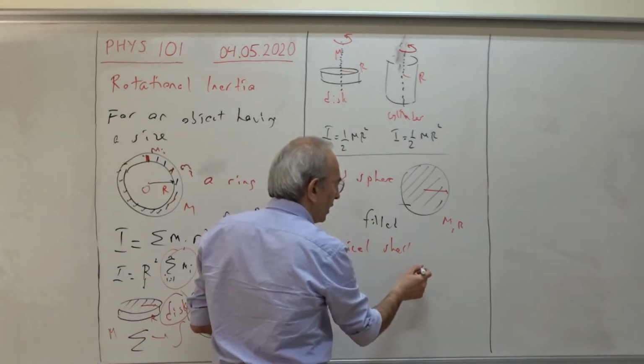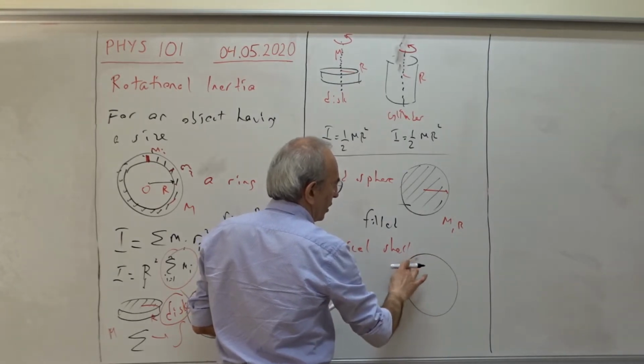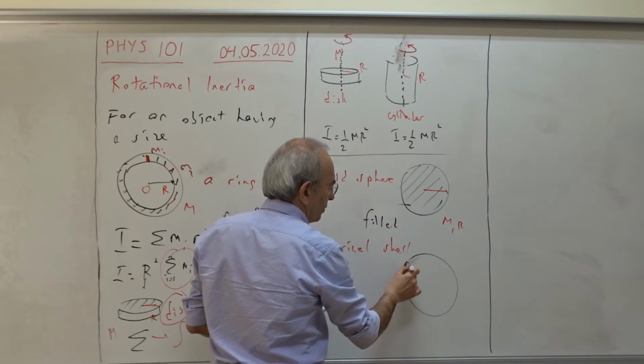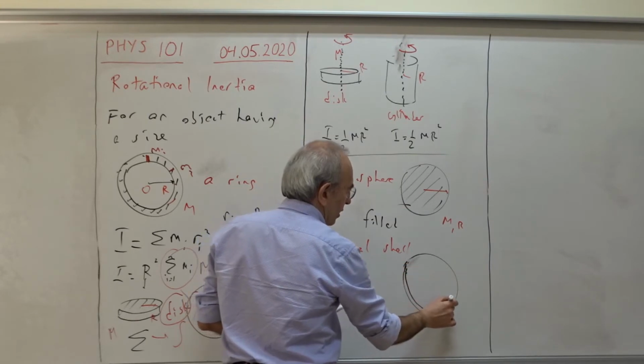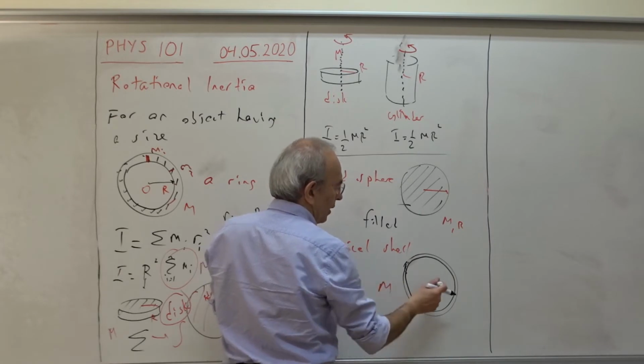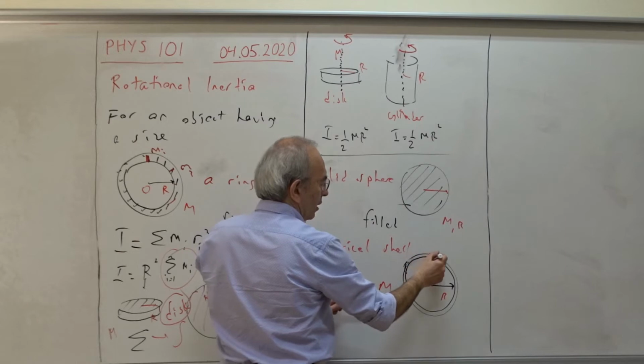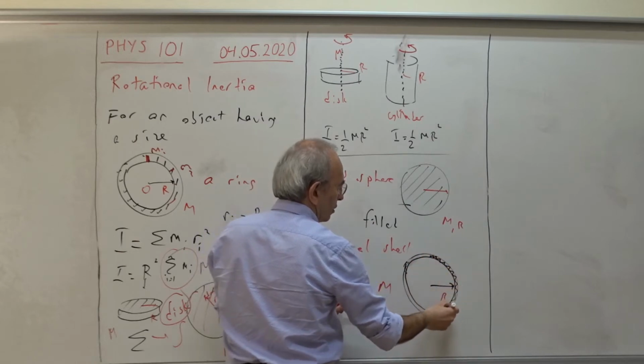But a spherical shell is an object like a basketball or tennis ball or any other ball which is empty inside. So it has a mass m and radius r, but the mass is only on the surface.